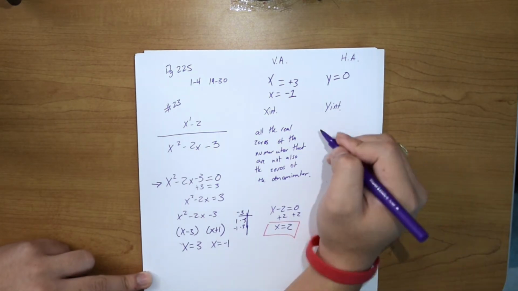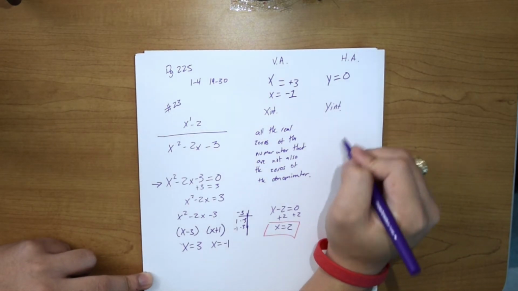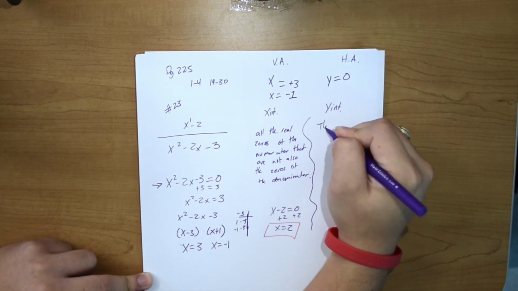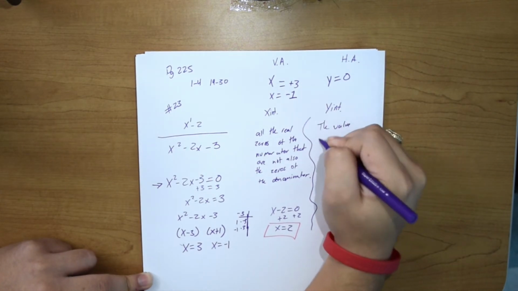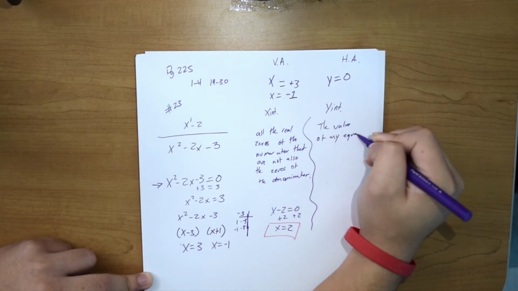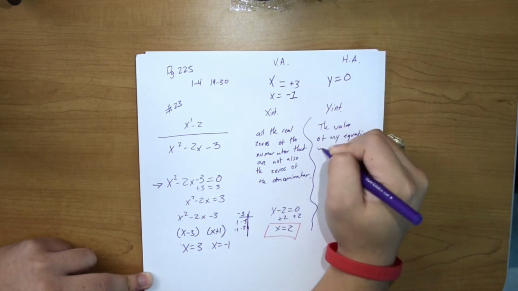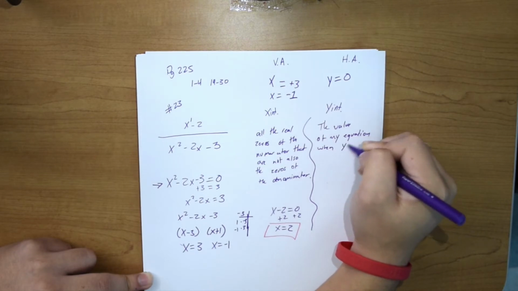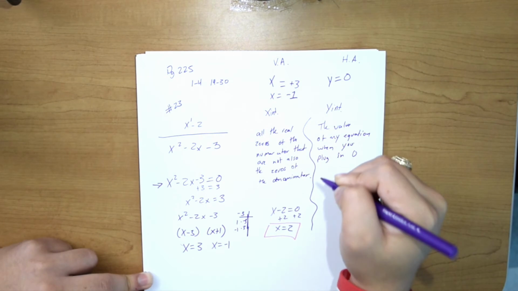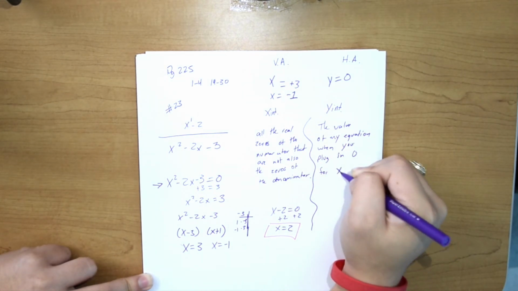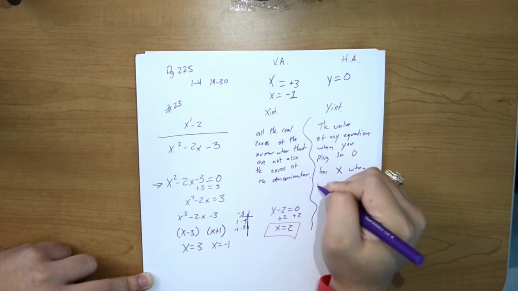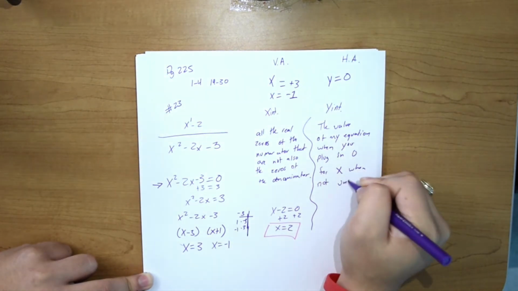Now for my y-intercept, it's going to be the value of my equation when you plug in 0 for x, when not undefined.